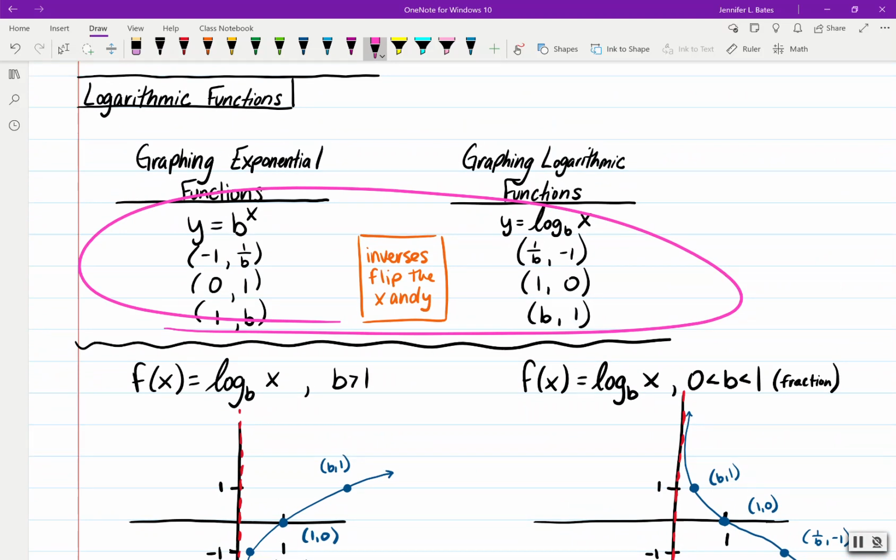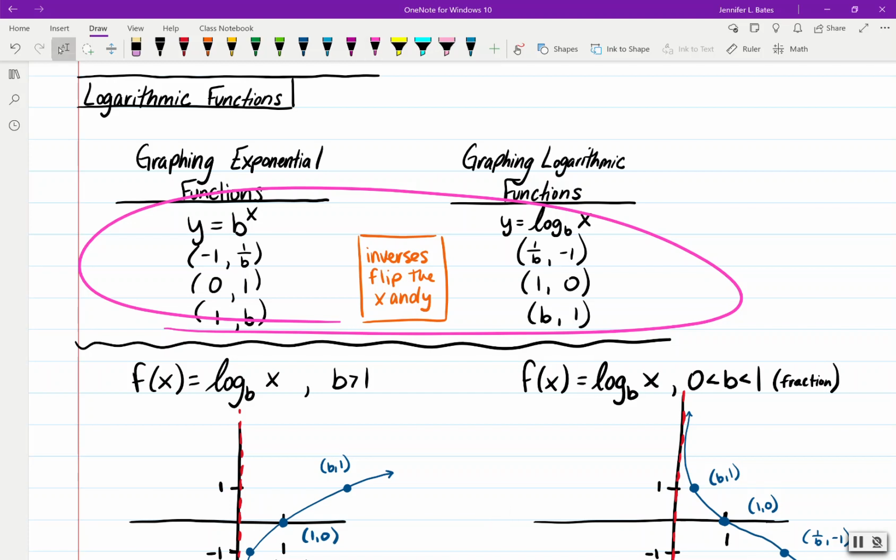So I've already written 2 sets of points. And I know one is exponential and one is logs. So when I graph logs, I'm just referring back to what I wrote at the top of my assignment. That way I don't have to think about it every single time I graph. I don't have to run through this. Write it once, refer back to it.